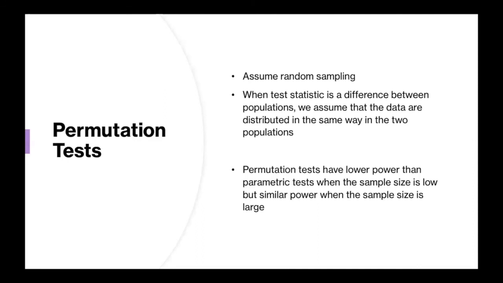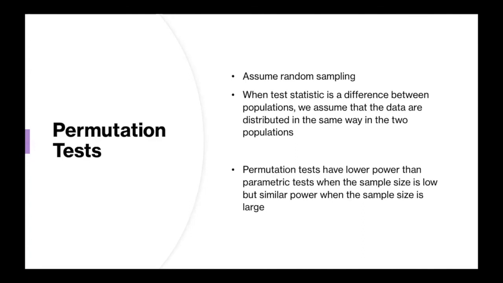So this permutation test still assumes that our sample is a random representation of the populations, and it also assumes that our two populations have the same distributed data, whether they're normal or some other distribution. But beyond that, the permutation test doesn't rely on any particular underlying distribution. Instead, it creates an empirical distribution.